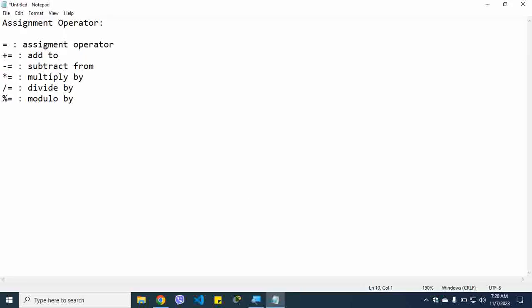So in the relational operators, double equal means equals to what? Equals to, and one is less than.